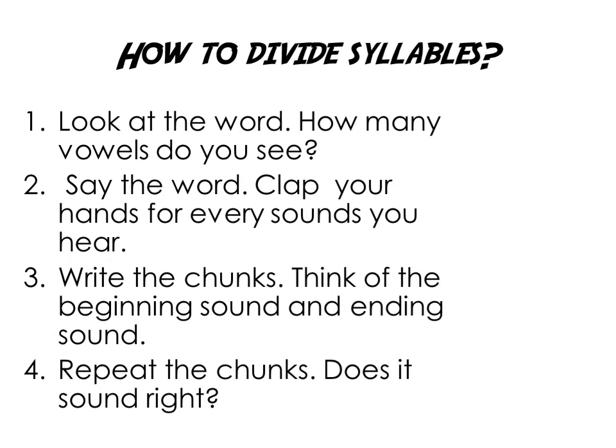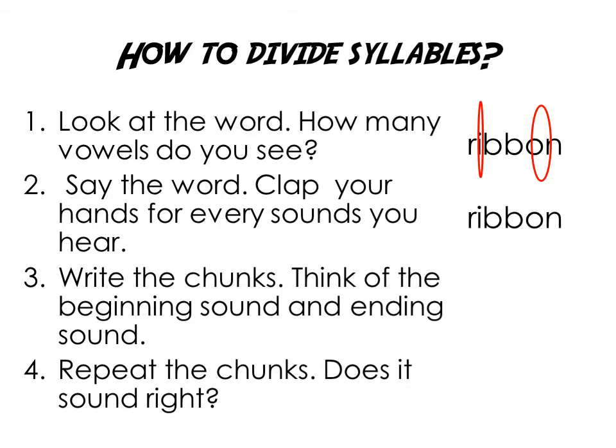Now, how to divide syllables? So first, you look at the word. How many vowels do you see? Example, ribbon. How many vowels do you see? We have 1 and 2. Next, say the word and then clap your hands for every sound you hear. Ribbon.